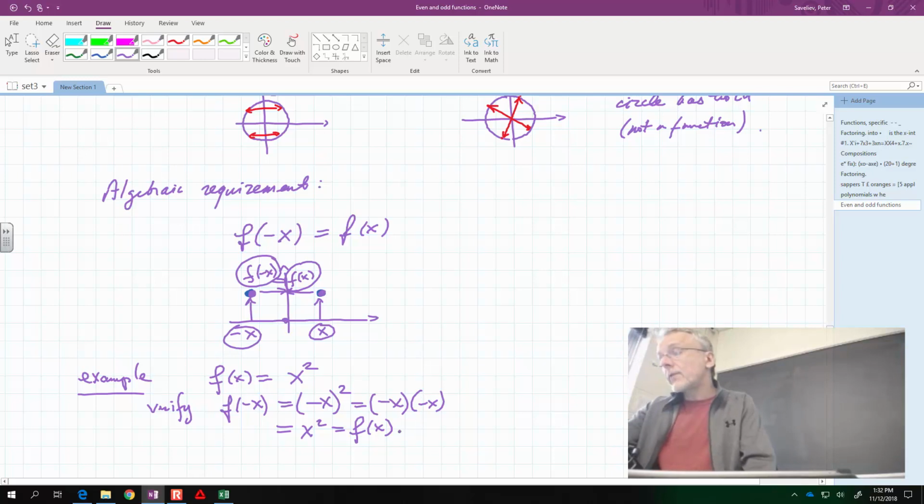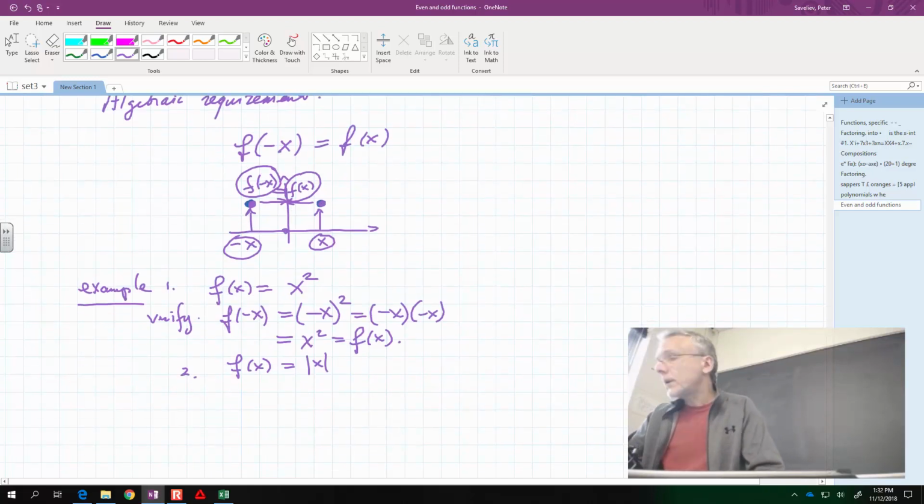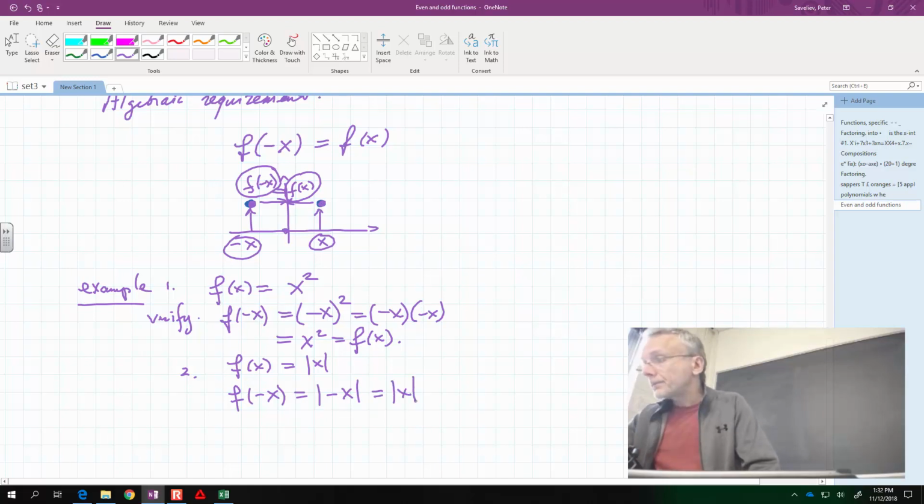Okay, if I take the fourth power, the same thing will happen. But the absolute value is also an interesting example. It is certainly not a power function, but it works out exactly the same way. If I plug in negative x, then we know what absolute value does by design.